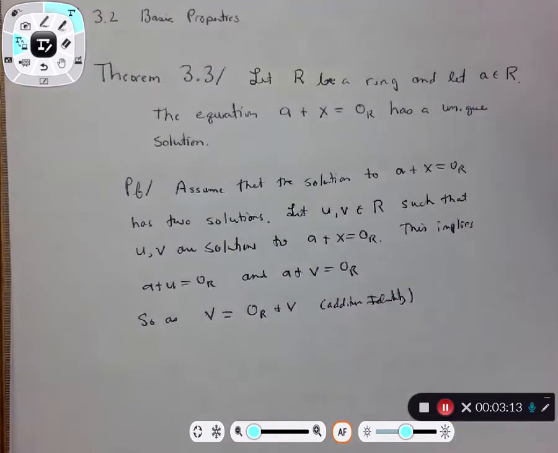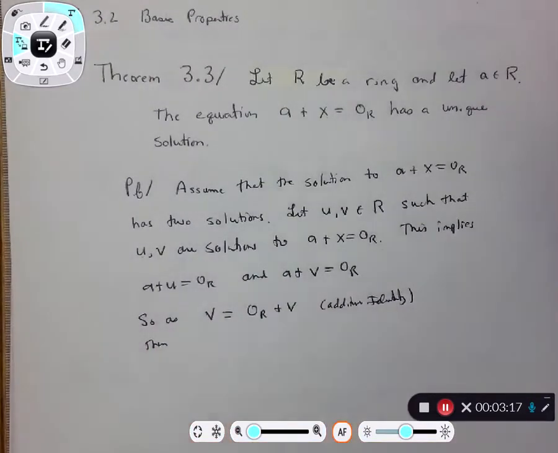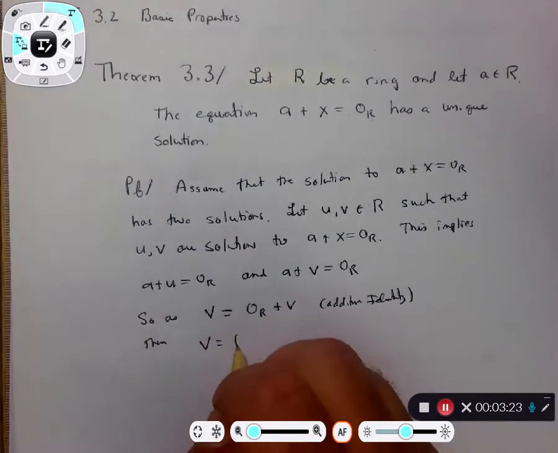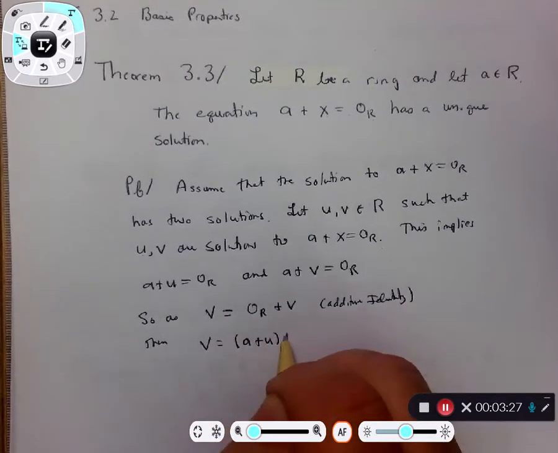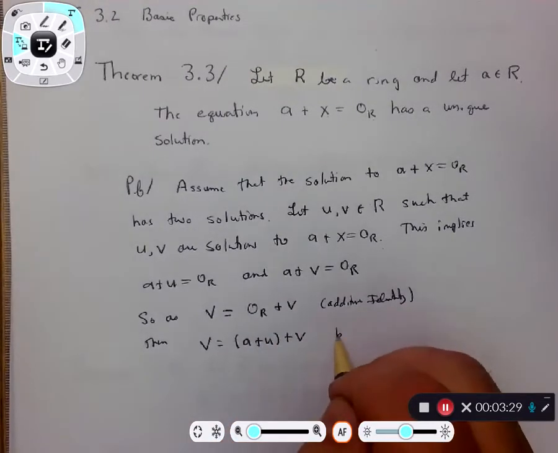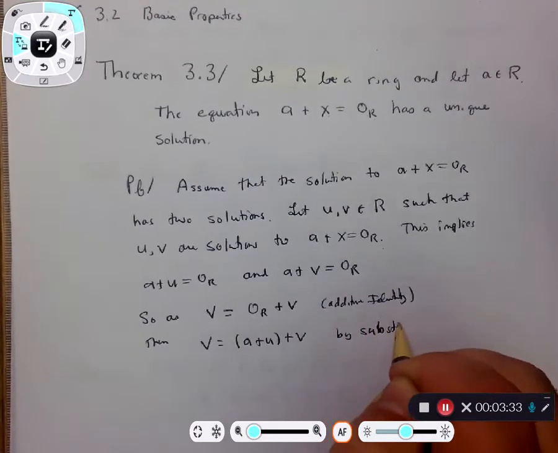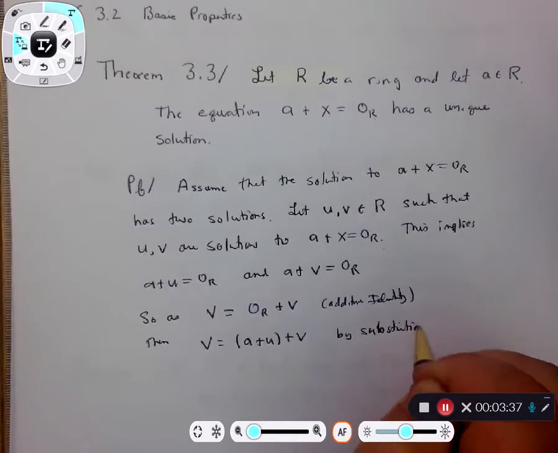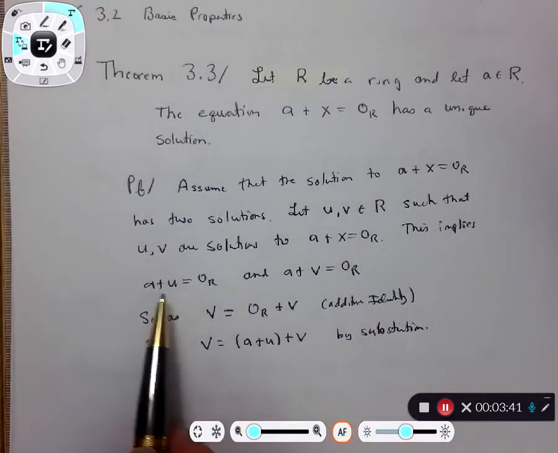Then I'm working the equation, so I'm kind of indenting this a little bit here. Then V is equal to (A plus U) plus V by substitution. I replace 0 in R with A plus U.